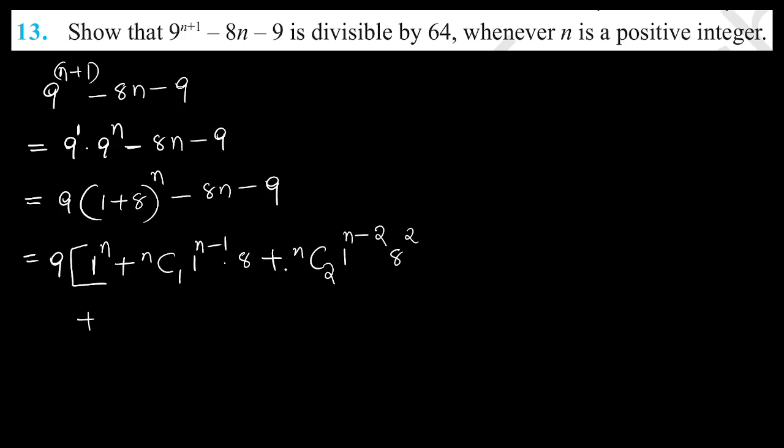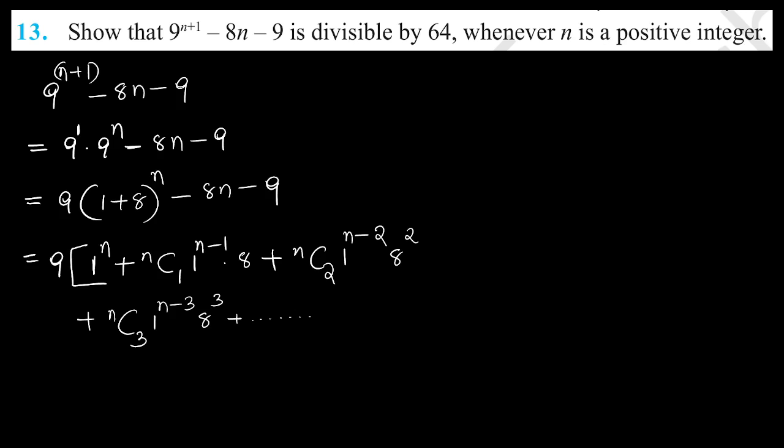Let me write one more term. After nC2 there will be nC3. The power of 1 is again reduced by 1, n minus 3, but 8 square becomes 8 cube. Understood? From this term onwards, the higher powers of 8 will come: 8 cube, 8 raised to 4, like that.